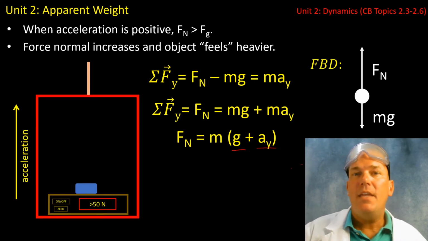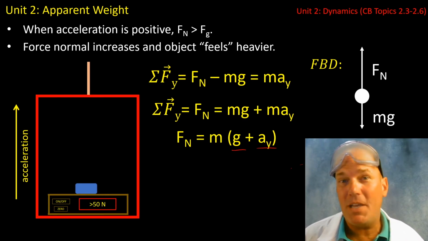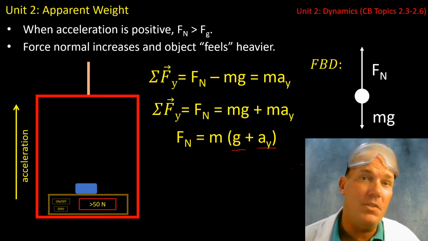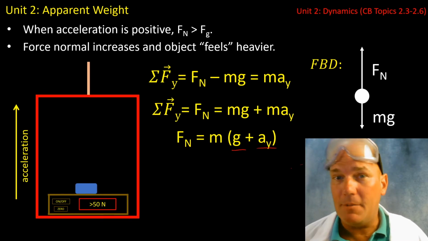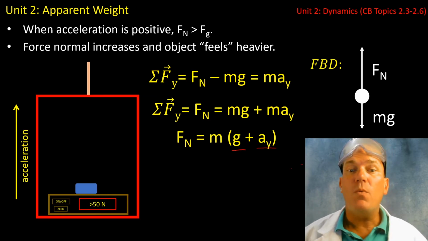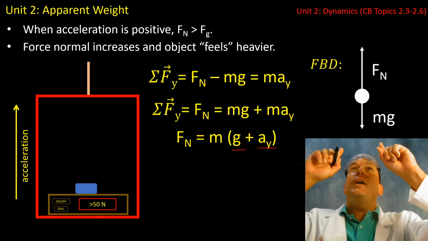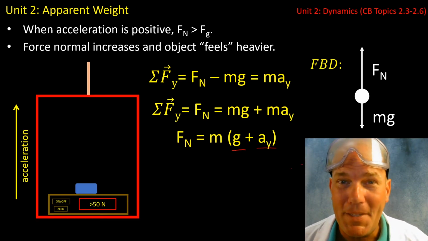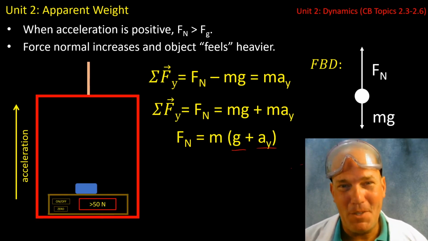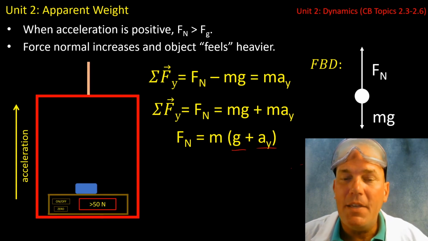So we're adding a number to the number 10, basically 10 meters per second squared being the magnitude of the acceleration due to gravity. And we're adding this additional acceleration. So of course, force normal is going to be greater than it normally is during equilibrium. Of course, we're showing that mathematically right here.